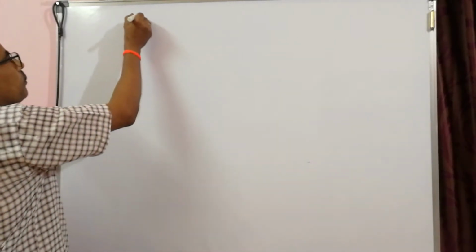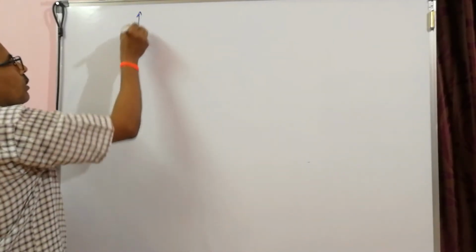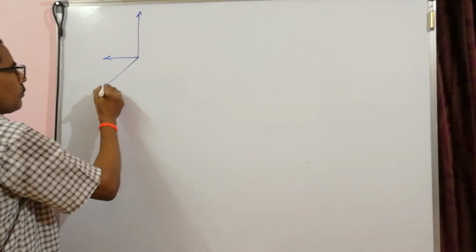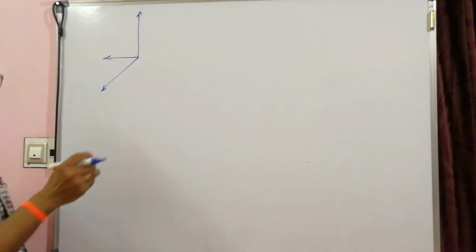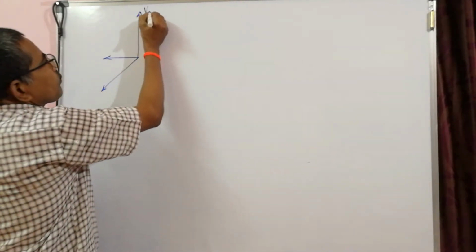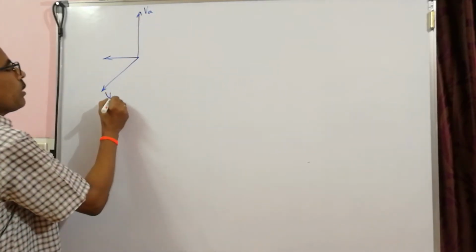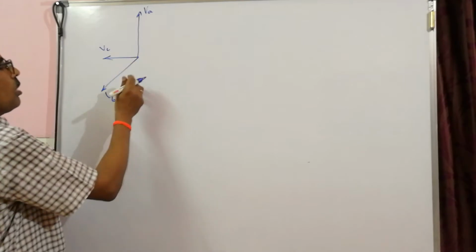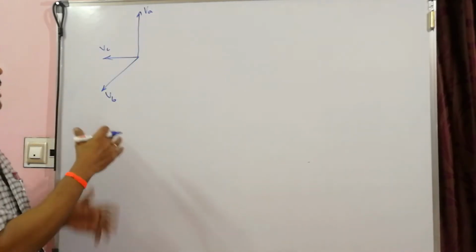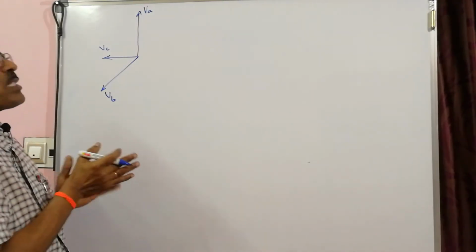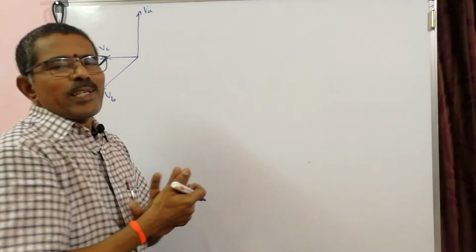Suppose you consider these 3 voltages VA, VB, VC. Okay. So, VA, VB, VC, the magnitudes are different and at the same time the interphase angle is not 120 degrees.